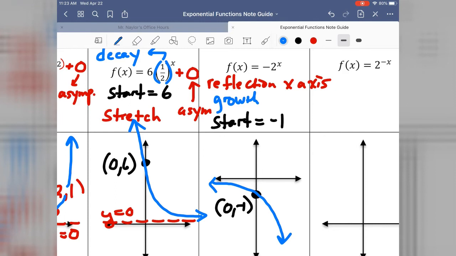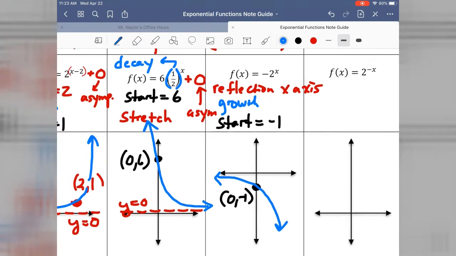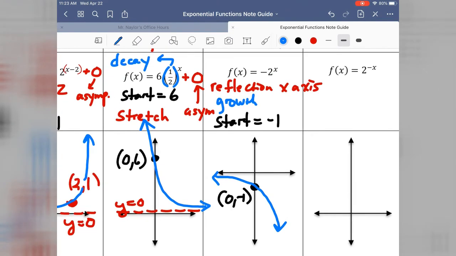Now be careful, sometimes students will say, oh, so this is a decay graph. Actually, no, it's not a decay graph. It's more correctly described as reflected growth. Still has an asymptote though, doesn't it? And that asymptote did not move. It's still going to be at 0.